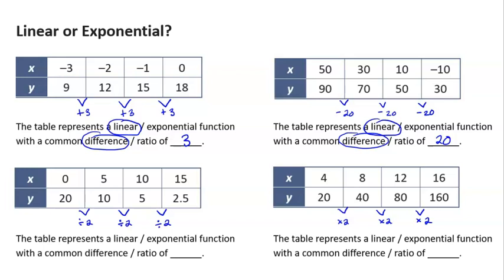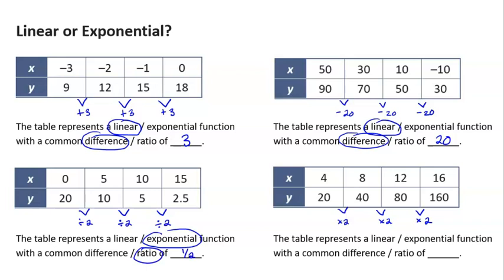And so when we're talking about common difference, they don't always ask whether it's positive or negative. That's going to come into play when we're working on writing equations. But just the difference, they're usually talking about the absolute value. With our next one, we are dividing by 2, so this is going to be exponential, and that's going to be a common ratio of 1/2.